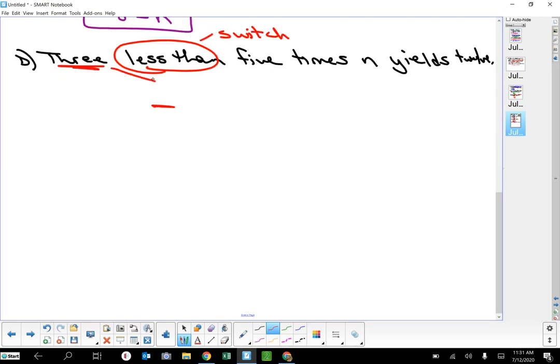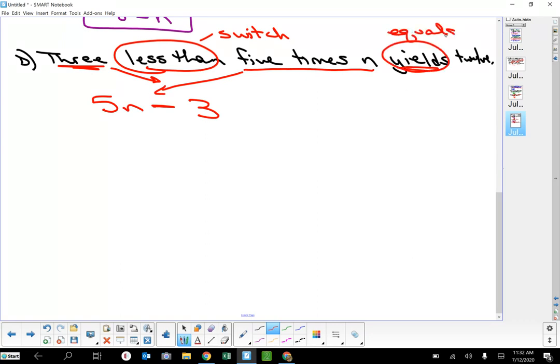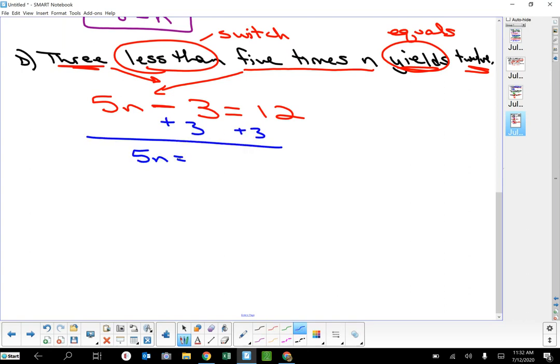So the 3 is going to go on that side. 5 times n is 5n, and it's going to go on that side. Yields means equals 12. Okay, so that's how we're going to take these apart and then make them simple for you to do. Add a 3, 5n equals 15, n equals 3.